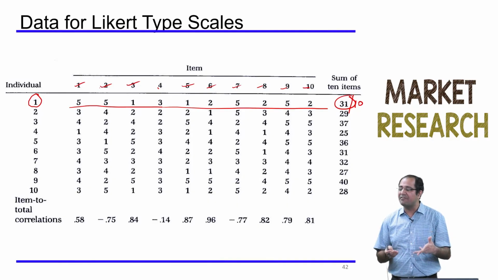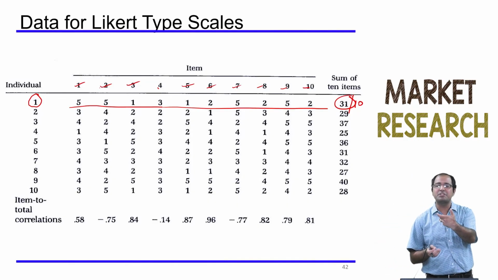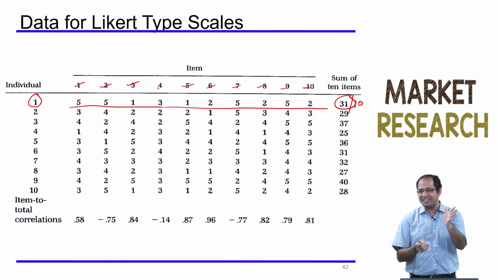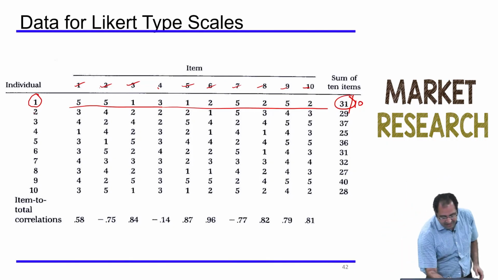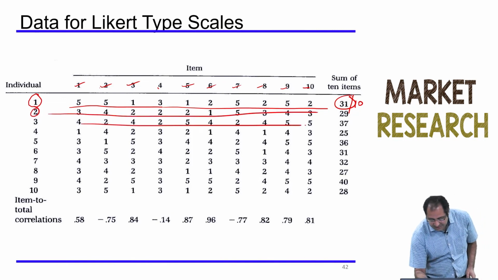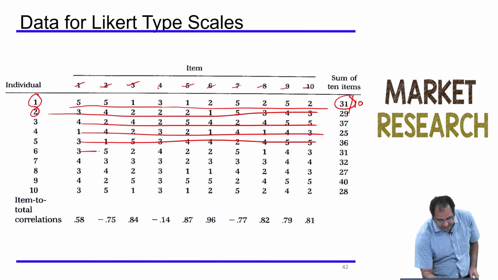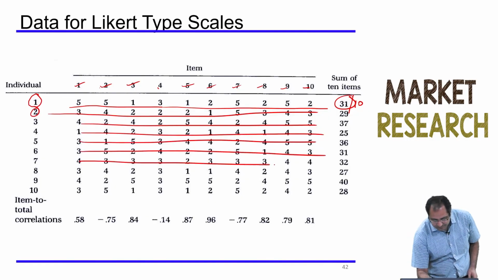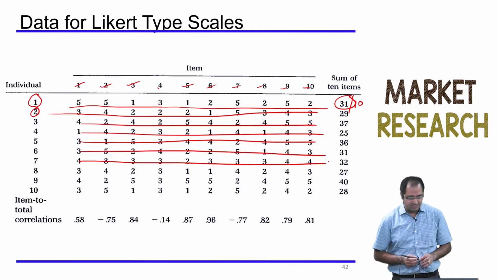Better is to take the average, because you measured something on a 5-point scale, and 3.1 is somewhere near the neutral. Likewise for every respondent you have this data. This is how you enter the data in an Excel sheet or any analysis sheet.